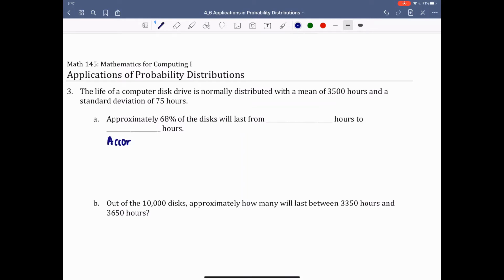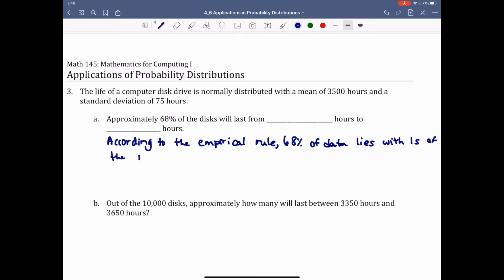So I'm going to actually write that out. According to the empirical rule, 68% of the data lies within 1 standard deviation of the mean.